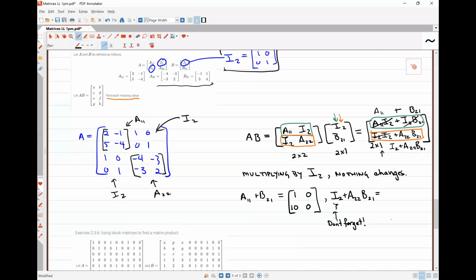So if I multiply this out, A22 times B21, coming over here, I've got 4 minus 15, that's negative 11. And negative 4 minus 12, which is negative 16.